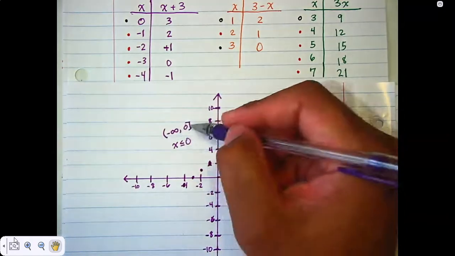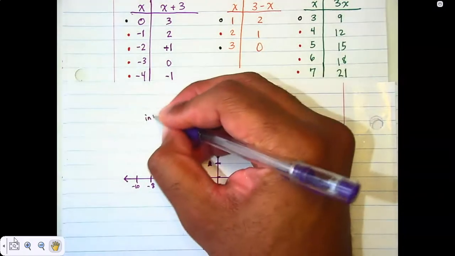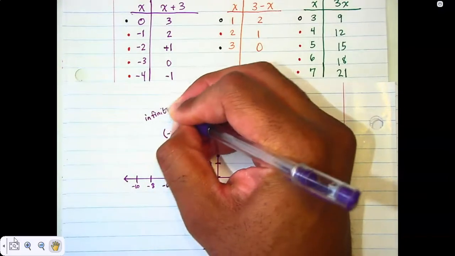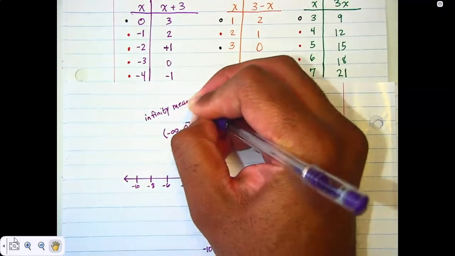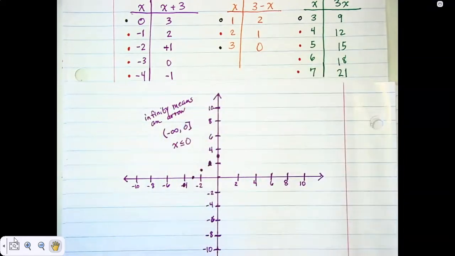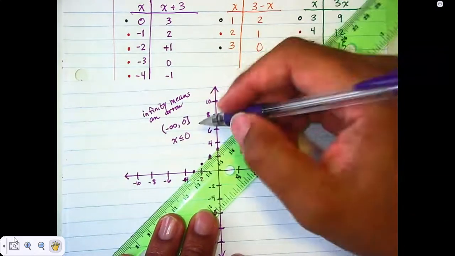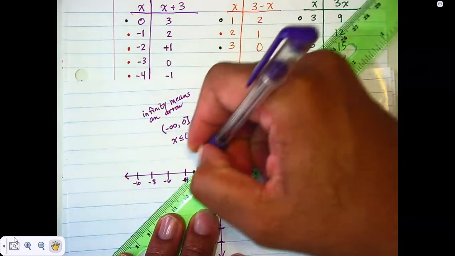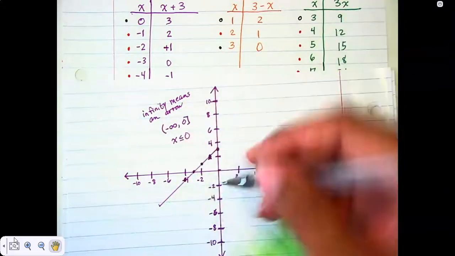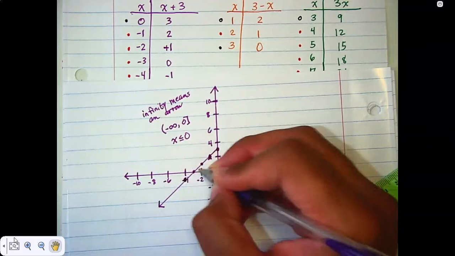We start at negative infinity and end at 0. With that, infinity means an arrow. So when we graph this out, it starts at 0, and it has an arrow on it because it has infinity. So we put an arrow on the end of it because of infinity.